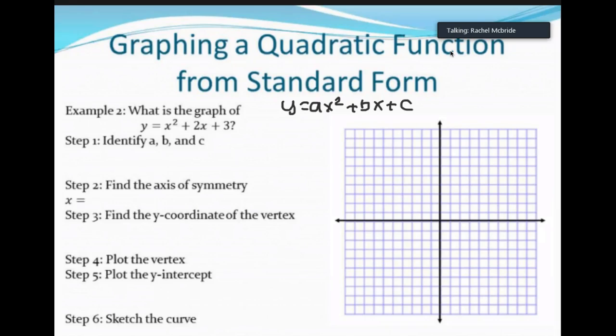So what is A, B, and C if that is standard form? Well, A is 1, B is 2, and C is 3.